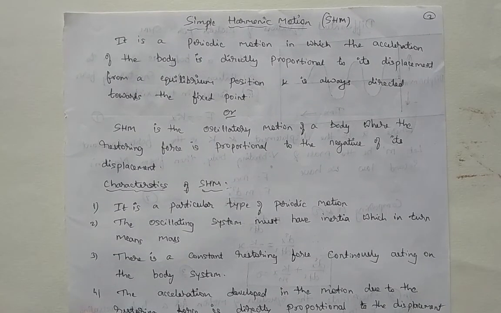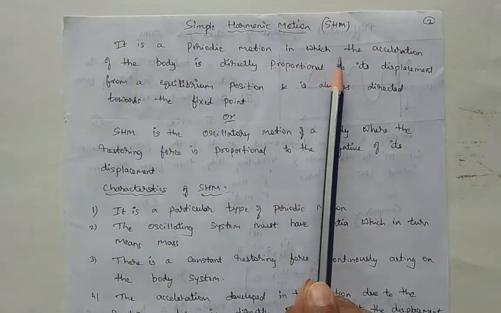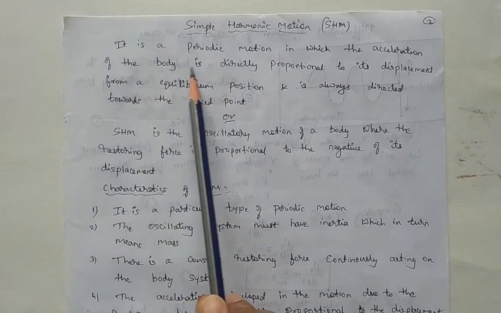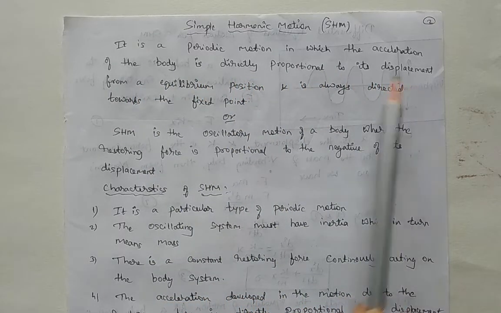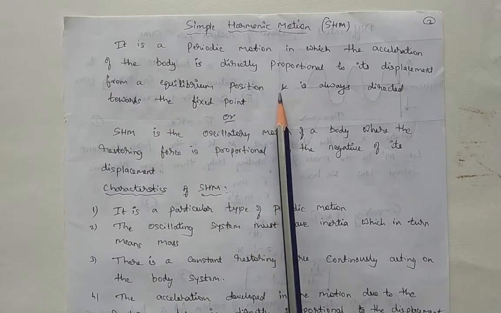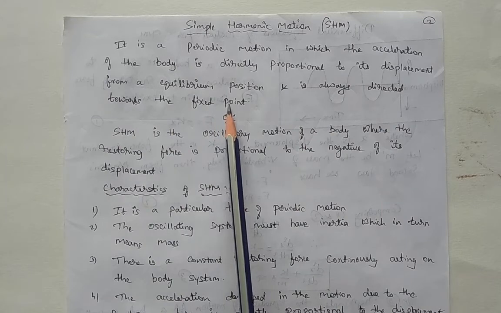Now with this basic idea, we will get into simple harmonic motion, SHM. What is SHM? It is a periodic motion in which the acceleration of the body is directly proportional to its displacement from equilibrium position and is always directed towards the fixed point.